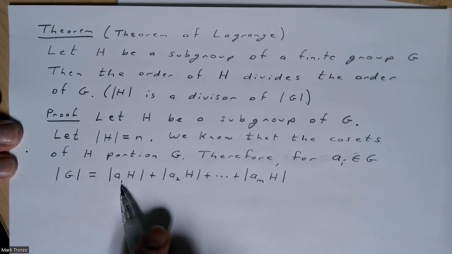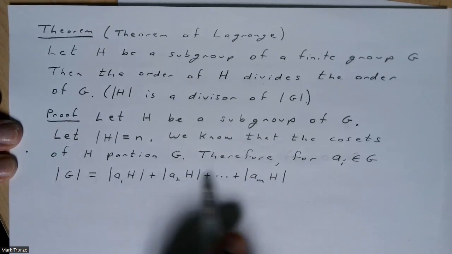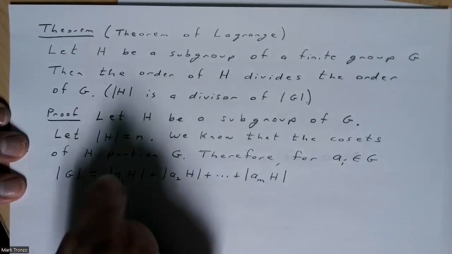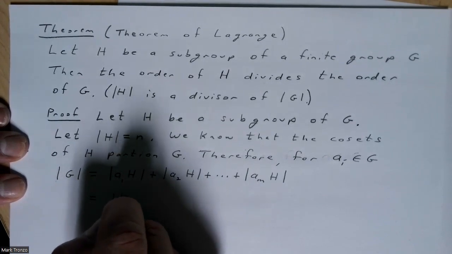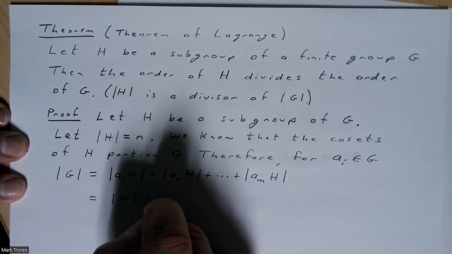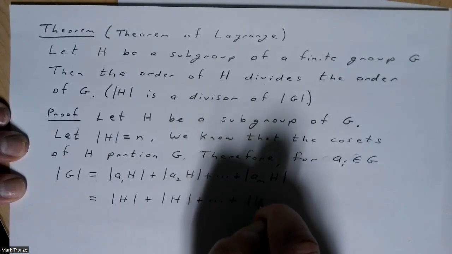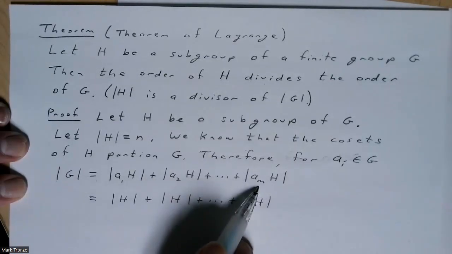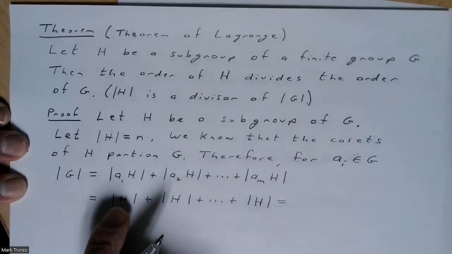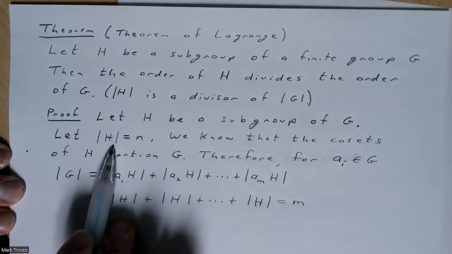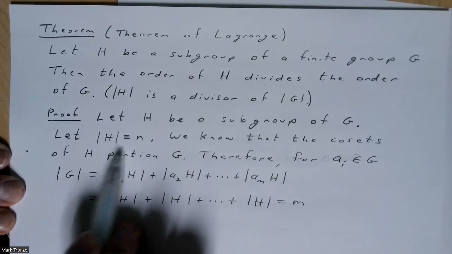And then now remember, the order of each of these is equal to the order of H. So remember, we said from the theorem we just gave that the order of each coset is equal to the order of H. However many of these we have, again, let's say we had M of these, 1 through M. So there's M of those. And then the order of the set H was n.